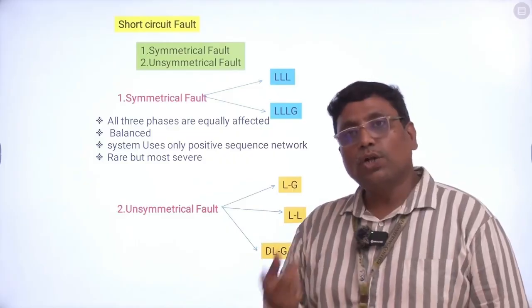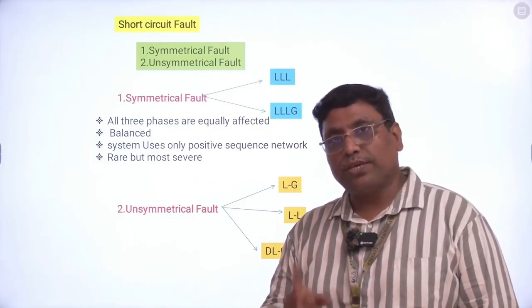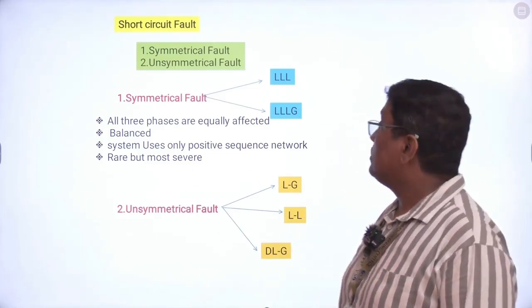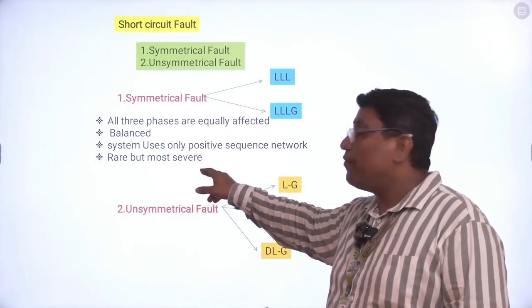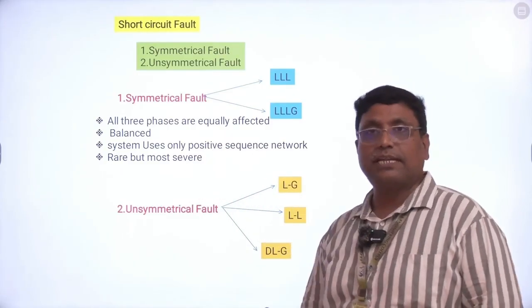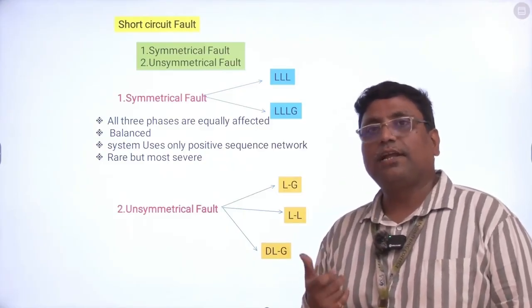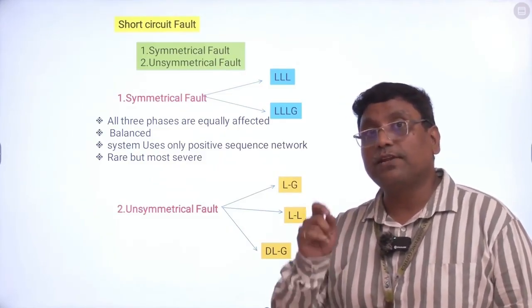Also the phase displacement between the phases is equal, so we can say it is a symmetrical fault. In this case, we use the positive sequence network. The occurrence of a symmetrical fault is very rare, but it is the most severe fault.